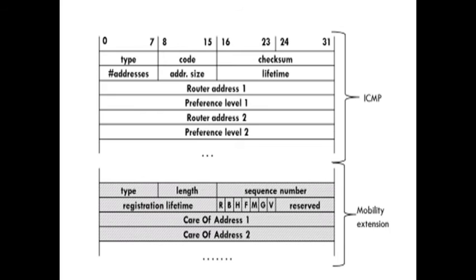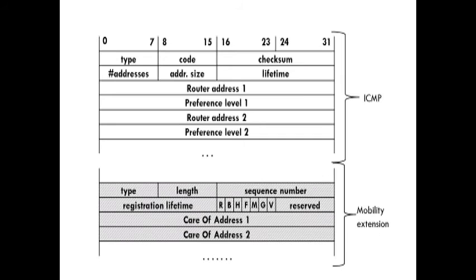Okay. And the next one is M and G, and also sometimes you will get I. These bits represent which method of encapsulation is used in these advertisements. We have three types of encapsulation methods, which we will discuss in the next classes: IP encapsulation, minimal routing encapsulation, and generic routing encapsulation.